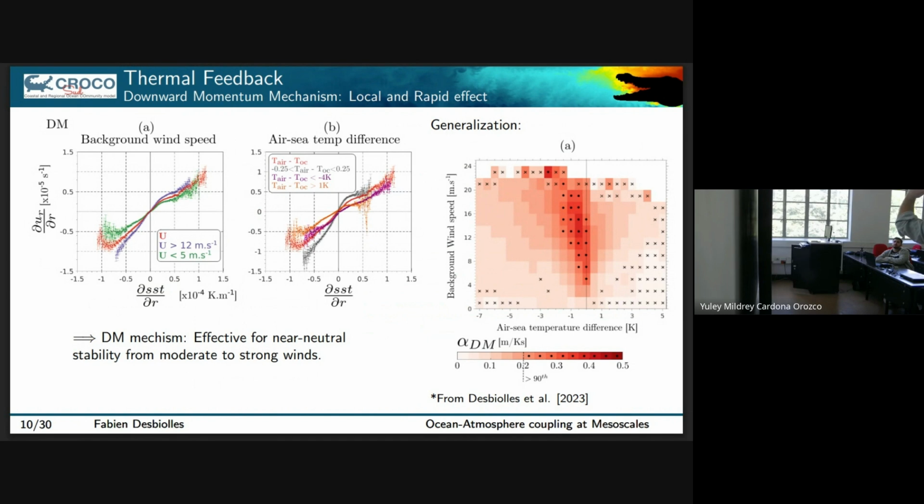So the stronger is actually the creation of this wind divergence response to SST gradient. Here, we do the same thing with the air-sea temperature difference. And we see that if the air-sea difference is very, very small, so near neutral atmospheric stability, that increases this coupling coefficient, okay?